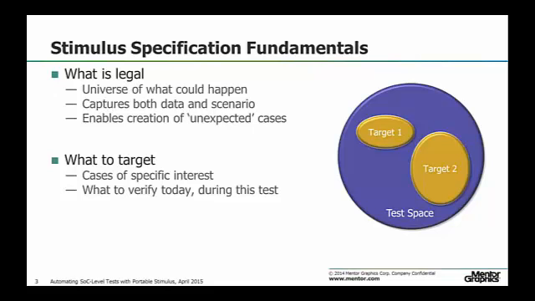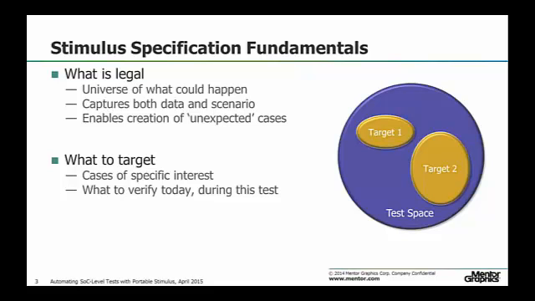Now, typically for an IP or a block, this may also be your target that you're trying to cover, because it's reasonably sized. You can actually generate all the transactions to get full coverage. But on an SoC, that's simply not feasible.